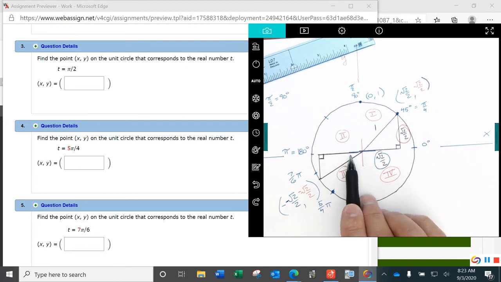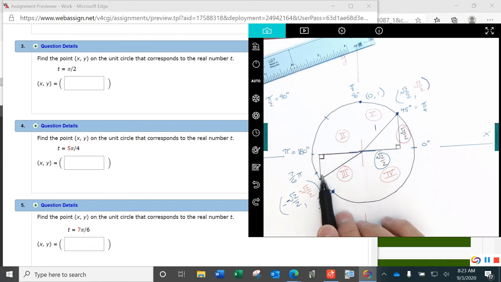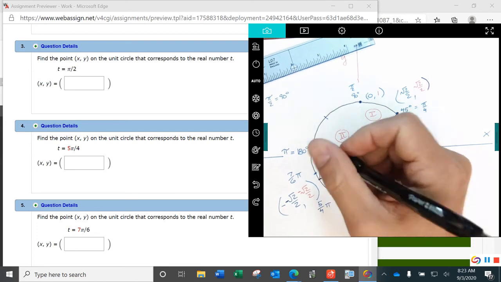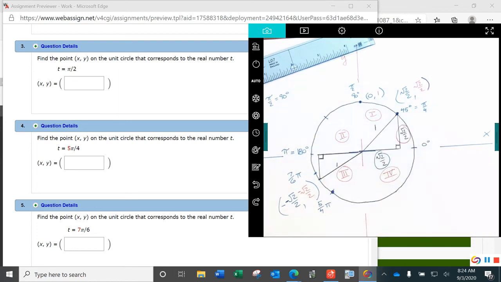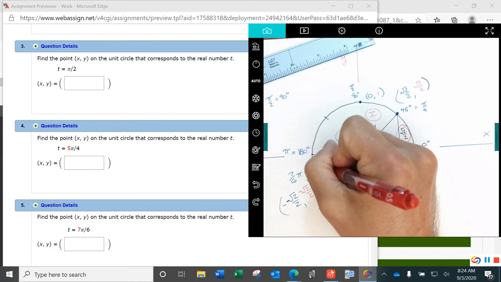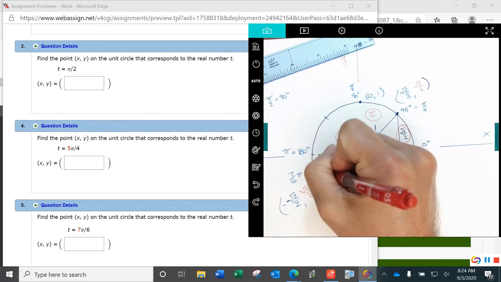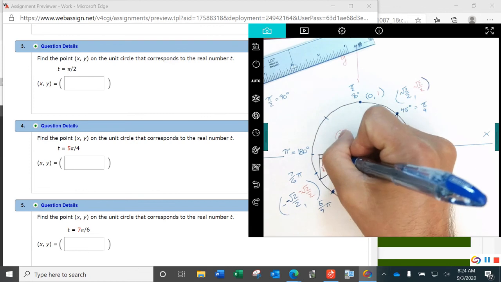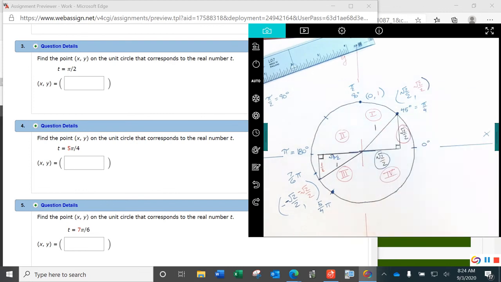This is 30 degrees right here, 90 degrees here, 60 degrees here, and this happens to be one of those special little triangles as well. Now our hypotenuse is 1, and this y coordinate here in the triangle is equal to 1/2. This is 1/2 right here, and then I'll label this other one. Let me grab my blue pen. This would be the square root of 3 over 2. There we go.